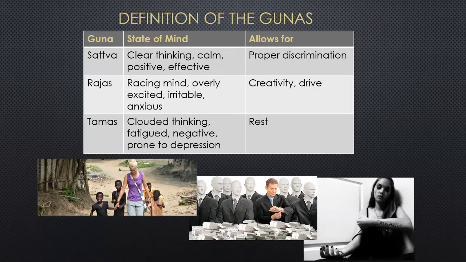She is going to places where people are suffering, and trying to help, trying to give of herself selflessly. So that's sattva. Then you have people that are in rajasic mode, and a prototypical person would be somebody like this, and please forgive me if any of you are bankers, but somebody that is just in a rush, trying to accomplish something, trying to escalate the ranks of the job and things like that.